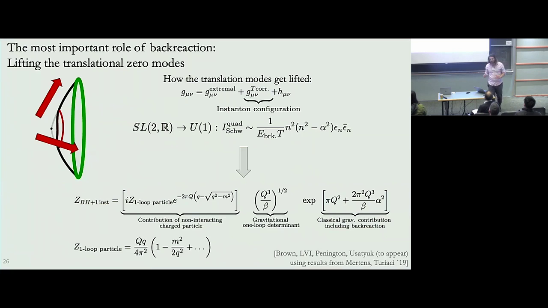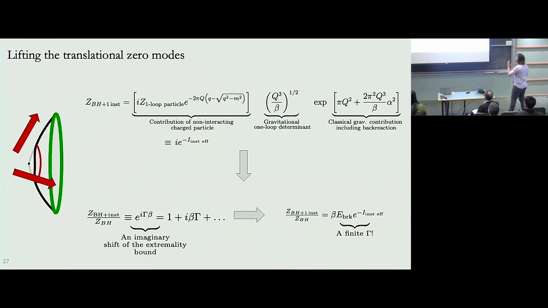So from this, we can already extract the leading order answer for the new pair production rate. We just take the ratio between the partition function of black holes plus any sum of instantons divided by the partition function of the black hole. And this should reproduce e to the I gamma beta, where gamma is the pair production rate. Now, we've only included so far a single instanton, so we should only compare this answer to the expansion of e to the I gamma beta.